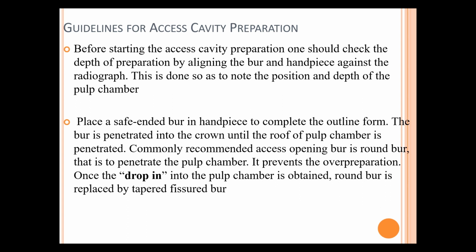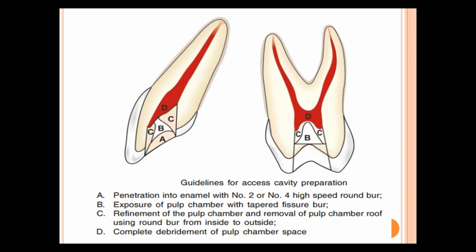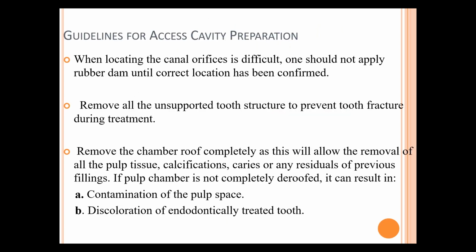The burr is penetrated into the crown until the roof of the pulp chamber is penetrated. The commonly recommended access opening burr is a round burr, to penetrate the pulp chamber. It prevents overpreparation. Once the drop-in into the pulp chamber is obtained, the round burr is replaced by a tapered fissured burr. This is the guideline for access cavity preparation.